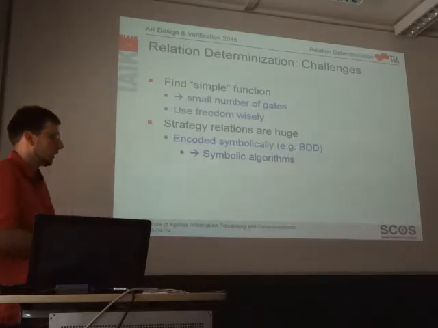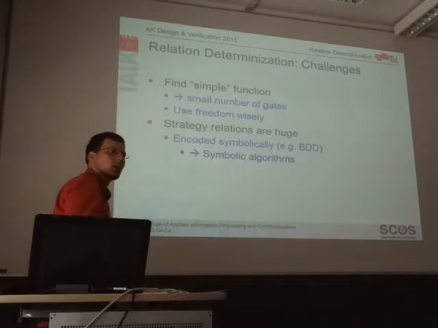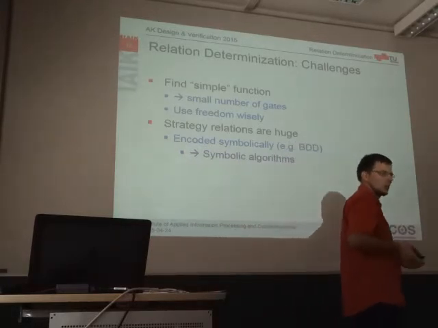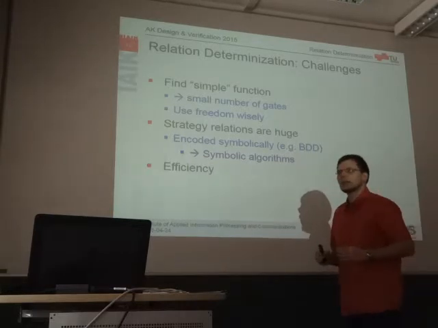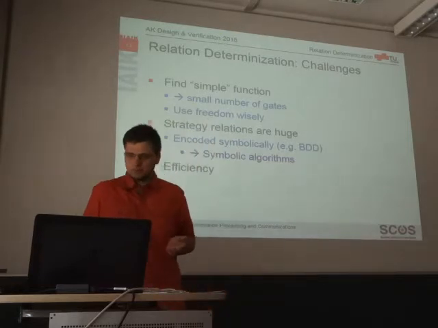So we cannot just look at single lines of this table and say, oh, in this line I make this choice because this looks very nice. We have to find something more general where we only look at the symbolic representation. And obviously we want all of this to be done very fast and very efficiently, so going through all possible assignments definitely will not be a viable choice.